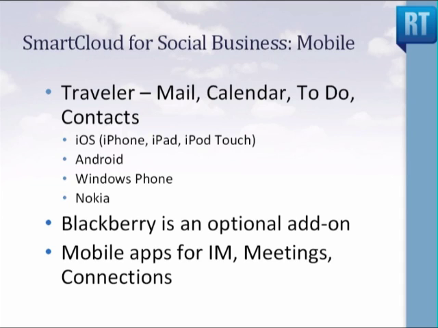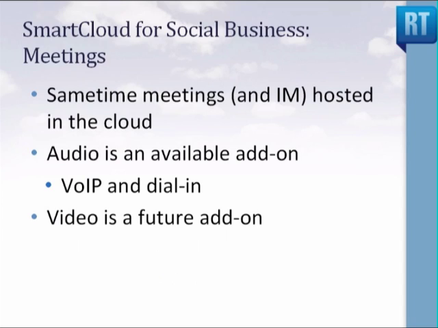And also, if you are still using BlackBerry in your company, that's optionally included as well. And finally, mobile is a series of free mobile applications that you can download from the App Store for instant messaging, meetings, and IBM Connections.